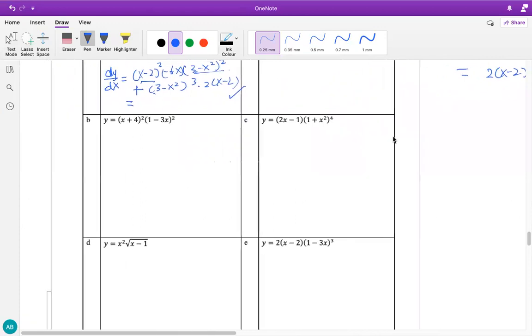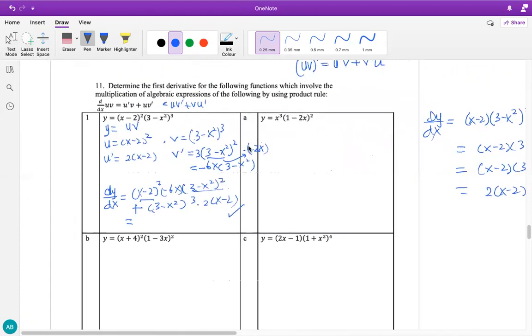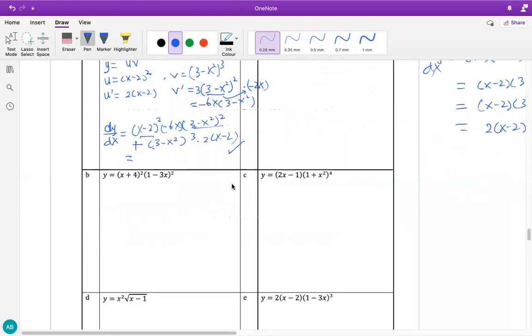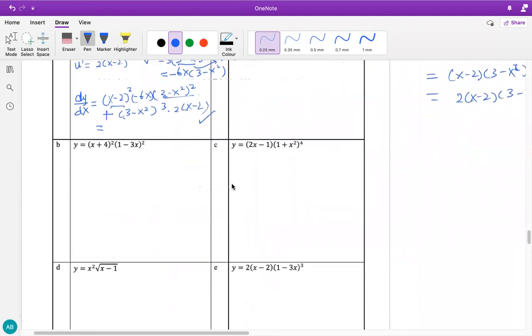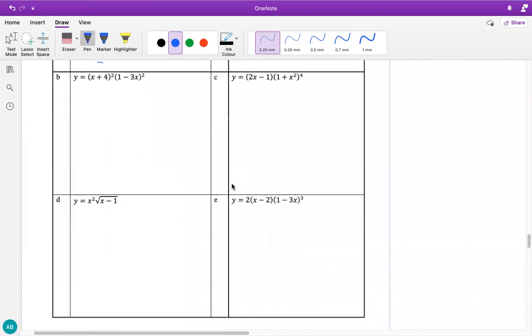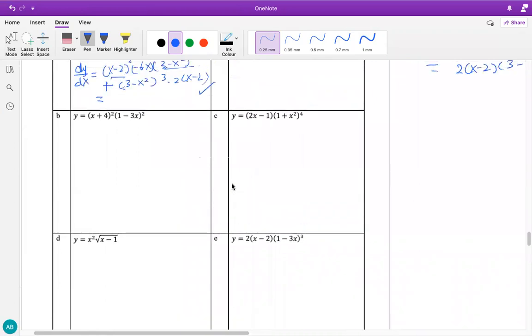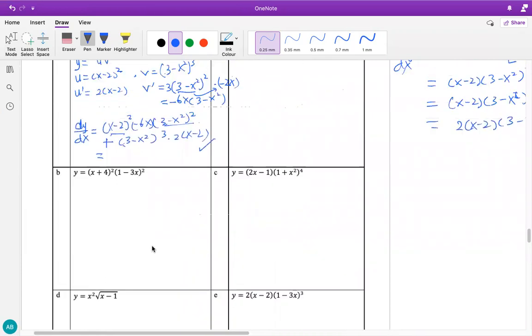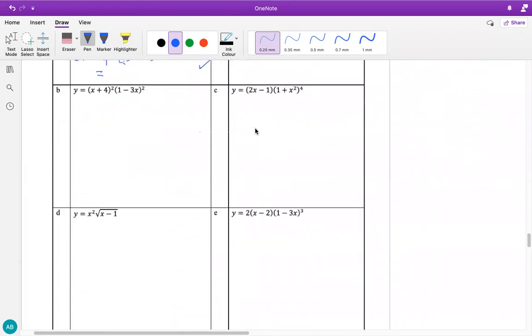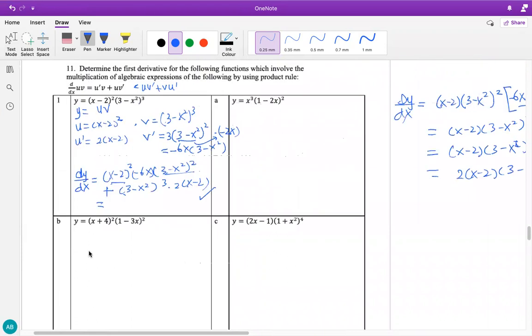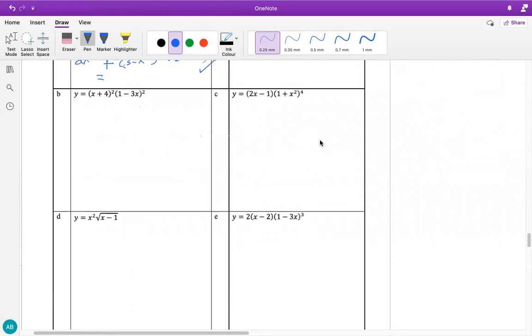Okay. This is in your workbook. You can try A, B, C, D, E as your homework. All right, so maybe I can show you how to do, means show you the clue. Okay, this one I think the same. These 3 are the same. 4 are the same.